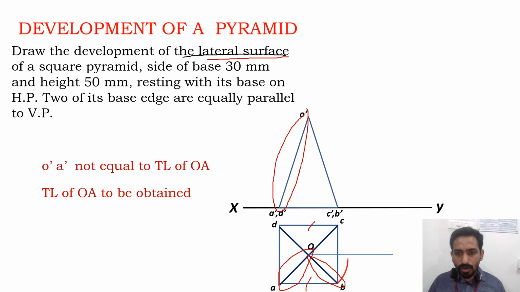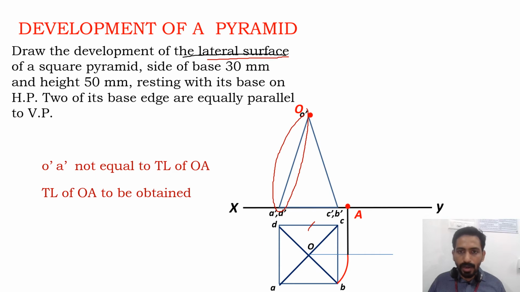So I will rotate OB with respect to O. Now this line is parallel to XY line with the same length as the top view. Okay, I will get the corresponding front view which will have true length.